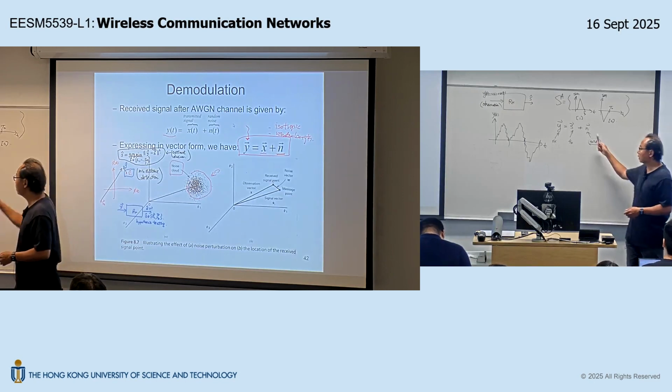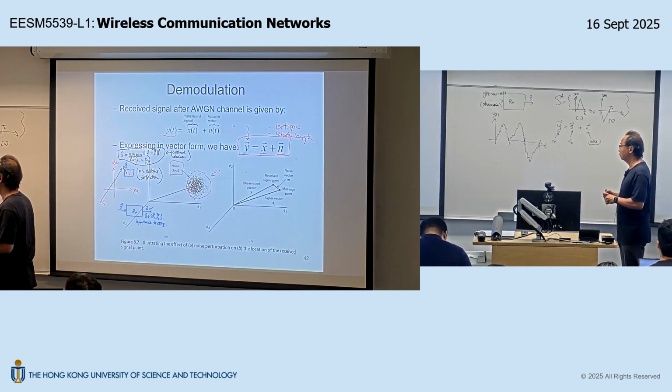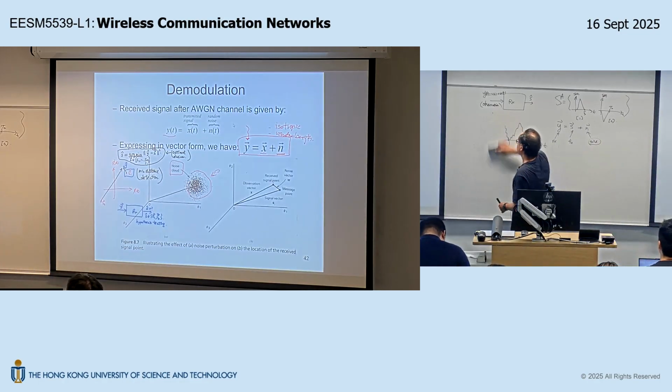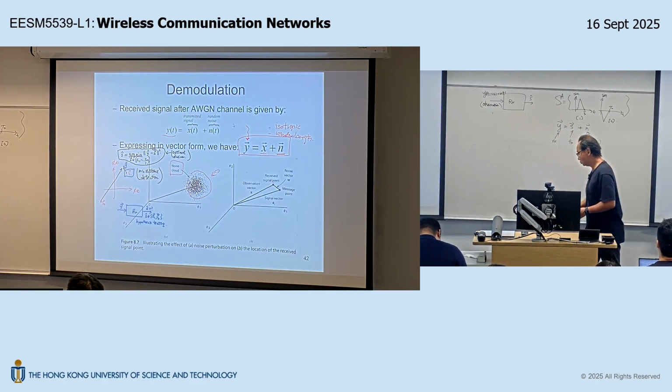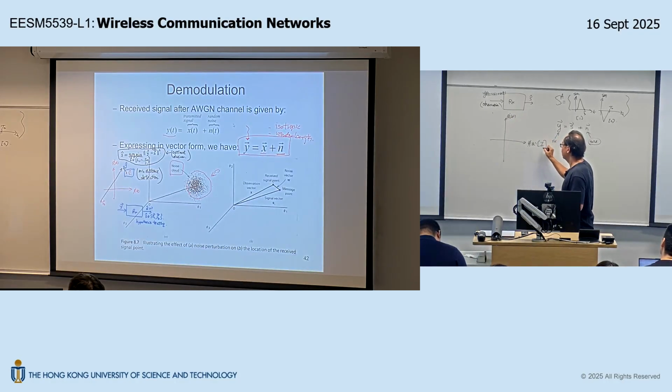So let's look geometrically at what would happen to the transmitted vector. Let's say this is a two-dimensional space. This is my first basis, this is my second basis. As I said, some textbooks will say this is the I, this is the Q. It's just a label.